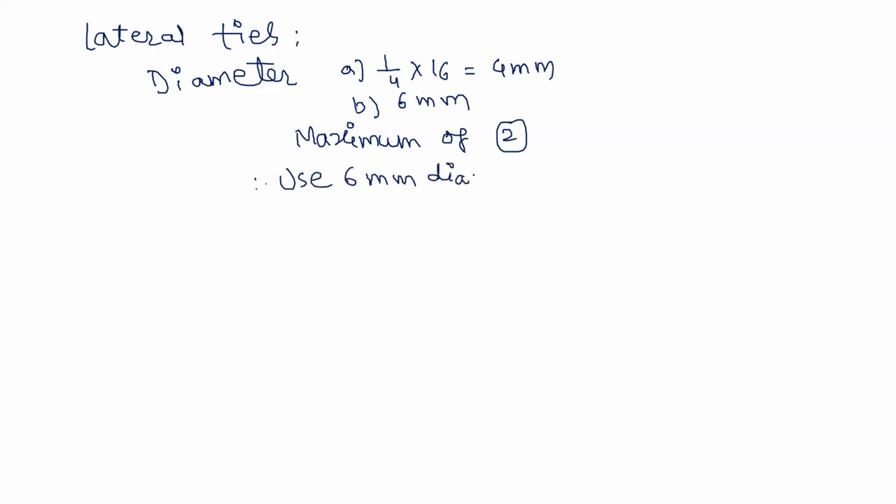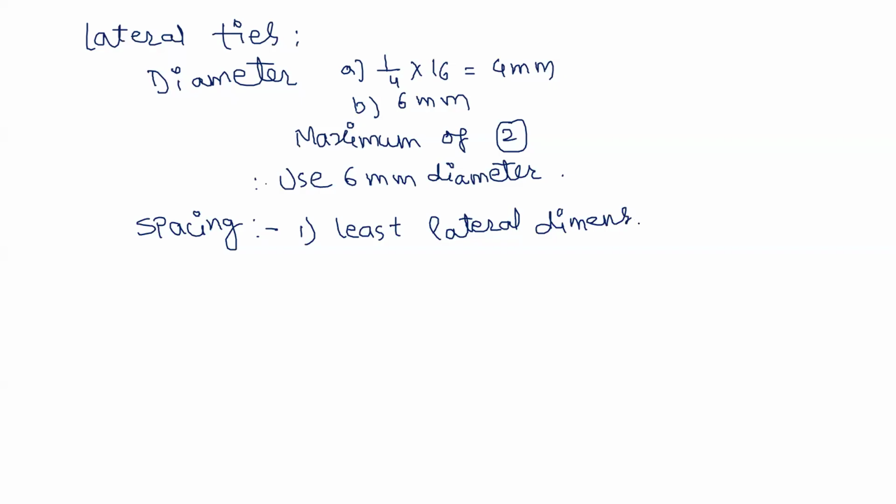Then we will have next, that is spacing. For spacing, we have 3 criteria. First criterion, least lateral dimension, which is 250 millimeters.